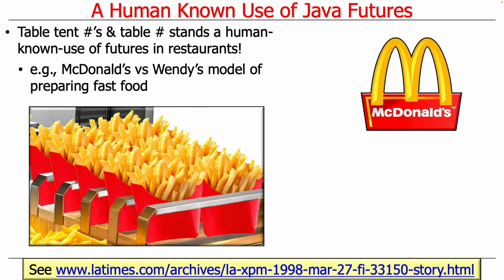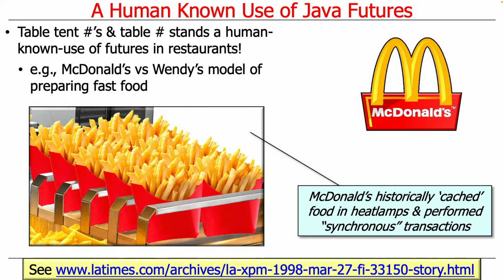In the McDonald's context, and this is not necessarily true anymore, back in the day McDonald's would pre-cook food like hamburgers and French fries and maybe pour some drinks. Then they would cache that food in heat lamps behind the cash register area.